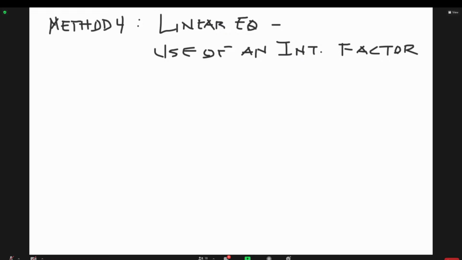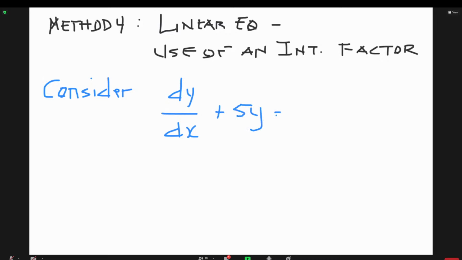All right, so you may want to write what I'm going to write here now. I don't think I put this in the notes. All right, so consider dy/dx plus 5y is equal to e to the 2x.